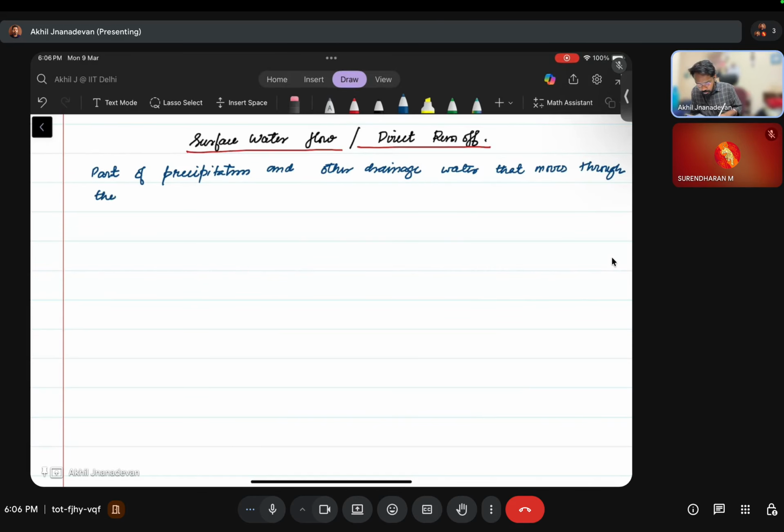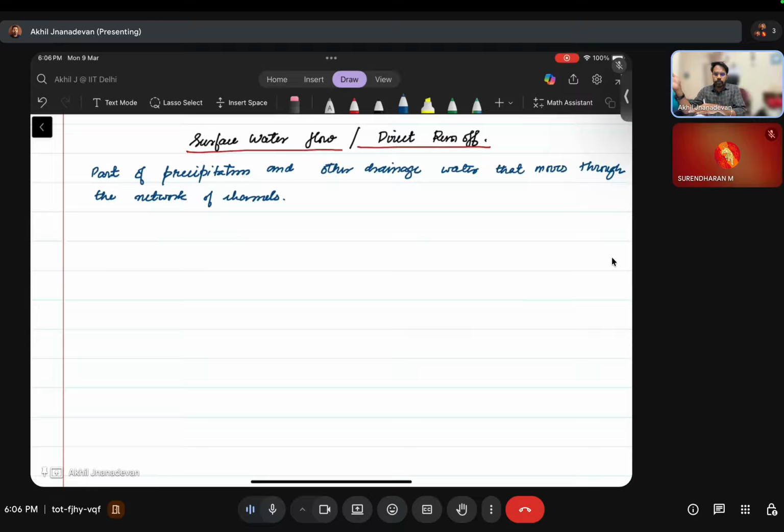the network of channels. I already explained this, right? The water falling on the catchment first forms the overland flow, as we have already seen in the previous lecture.